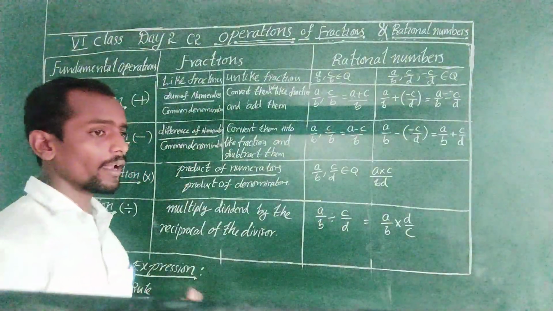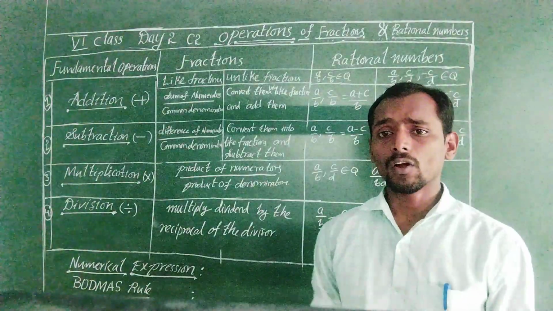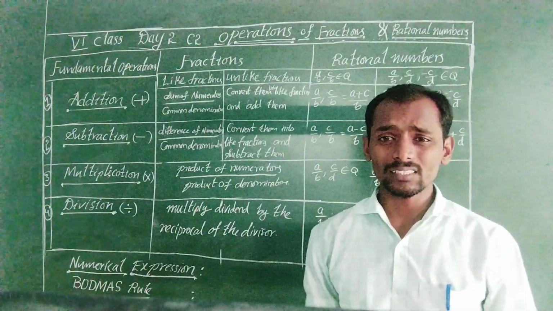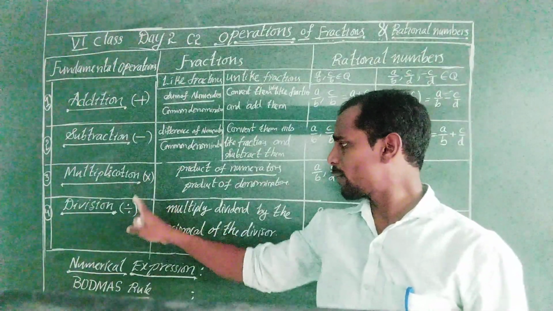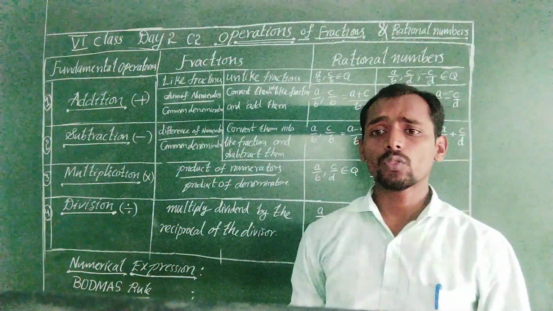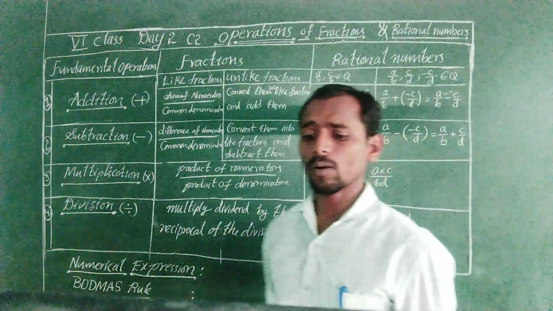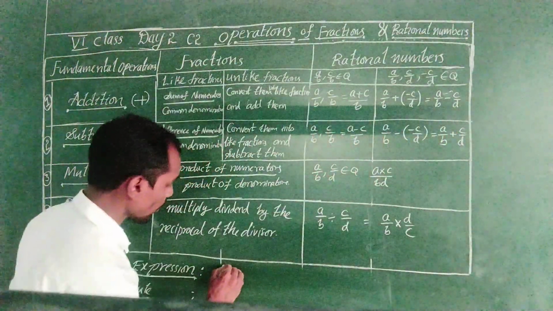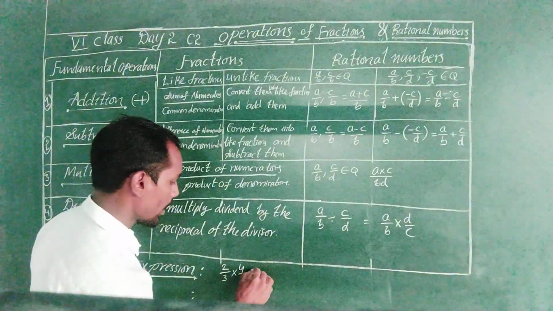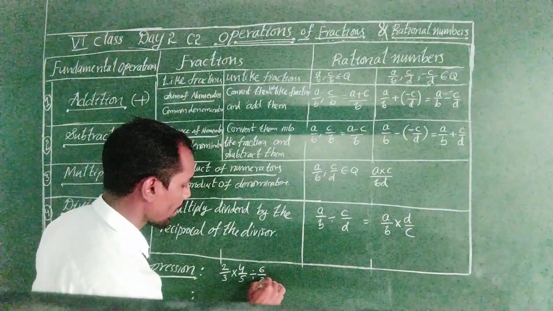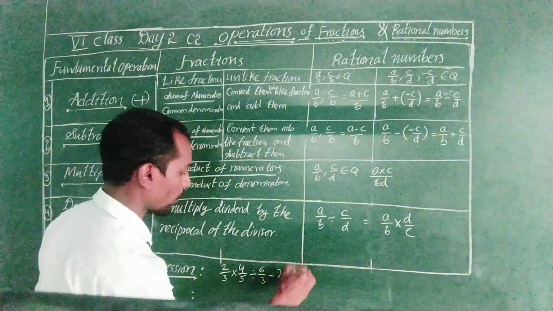What is a numerical expression? Now the next topic is numerical expression. When two or more numbers are connected by the fundamental operations plus, minus, multiplication and division, that expression is called a numerical expression. For example, I am writing 2 by 3 into 4 by 5 divided by 6 by 3 minus 2 plus 1.